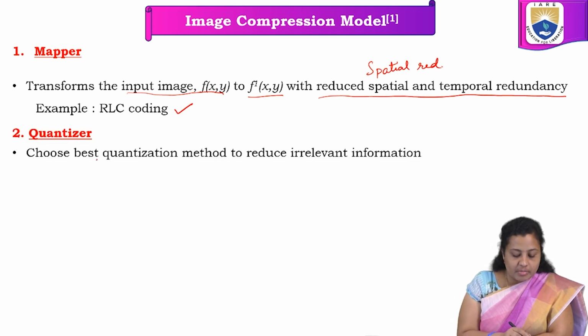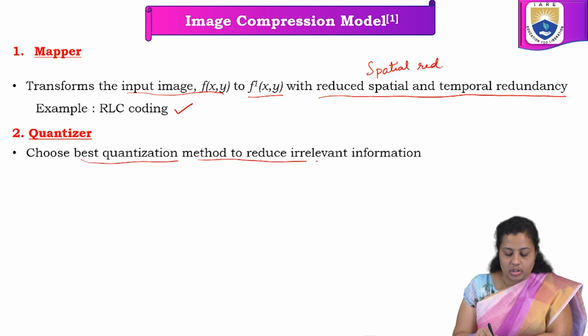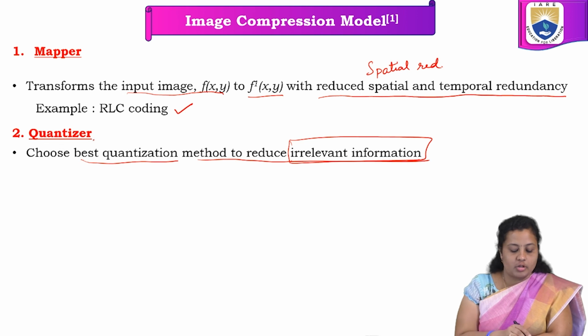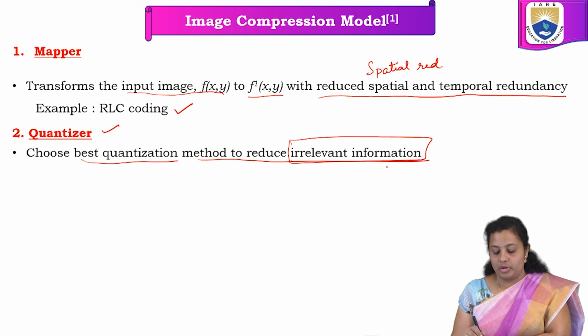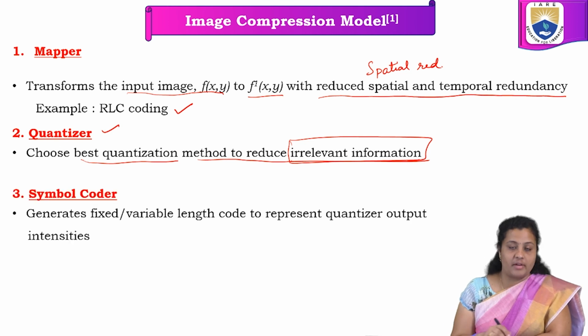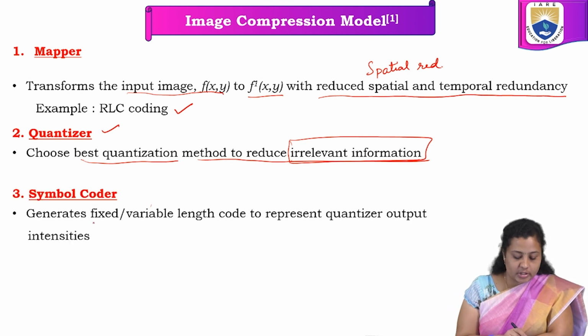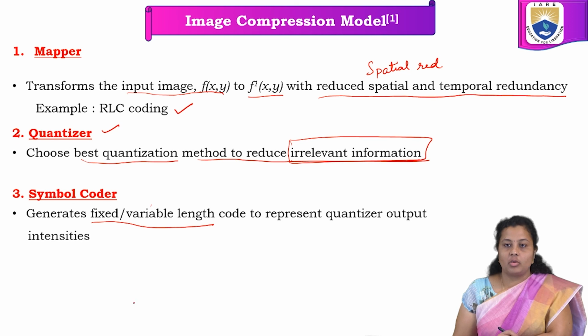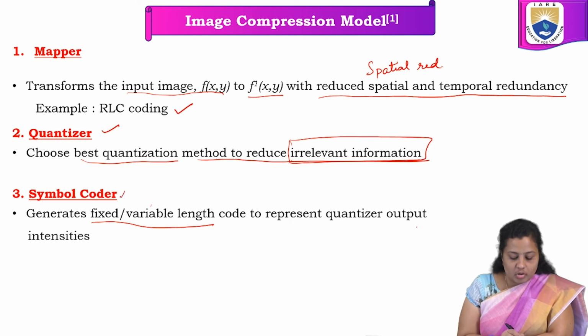We have to choose the best quantization method to reduce irrelevant information. After that, we have the symbol coder, which generates a fixed or variable length code to represent the quantized output.